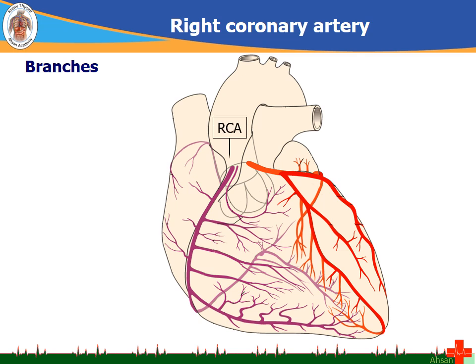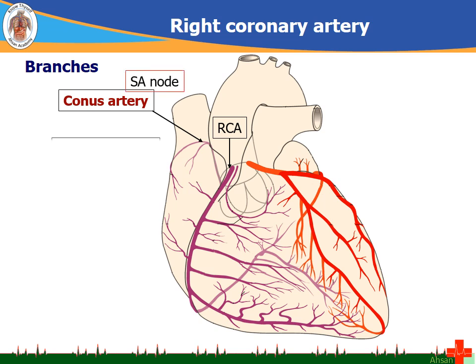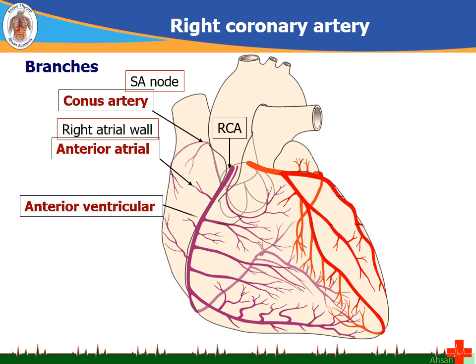Let us show the branches. This one is the right coronary artery labeled with the arrow. The first branch is the conus artery. This is supplying the SA node. This is the anterior atrial branches. They are more than one in number, and this is supplying the right atrial wall.